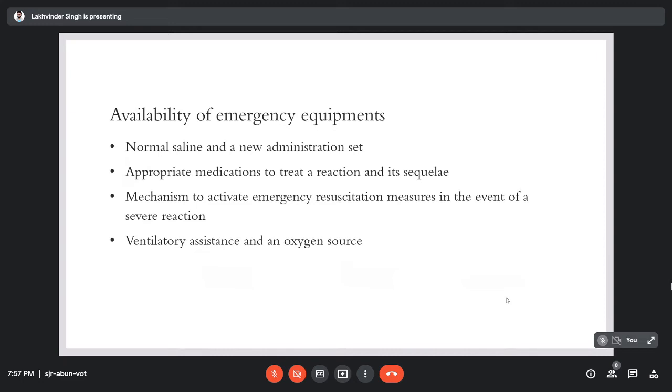And if the saturation falls further, they immediately intubate the patient. So intubation may be required at times, and we have found that if you intubate the patient immediately, then within 6 hours the patient improves, because in TRALI, patients generally improve within 24 hours. But if the treatment is started early, then within 6 hours the patient improves. Ventilatory assistance and oxygen source, as I've already discussed.